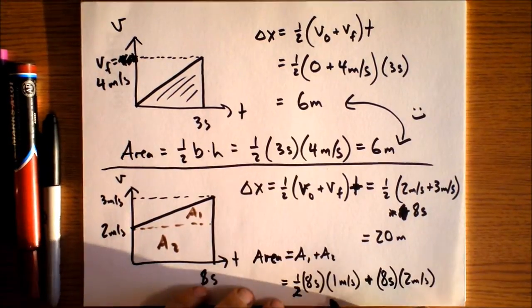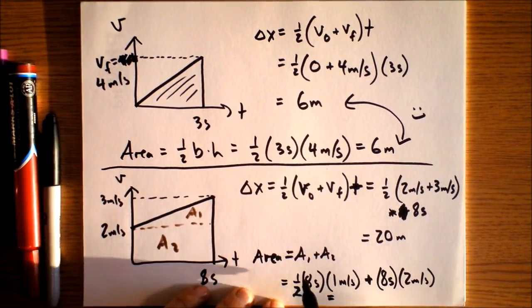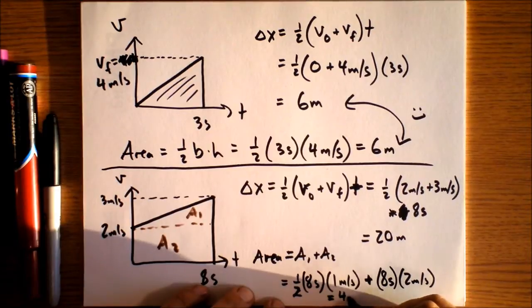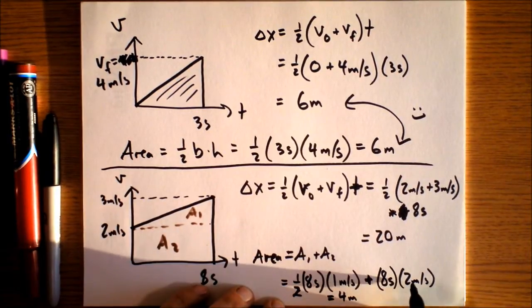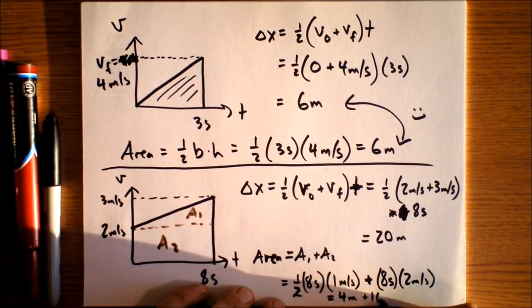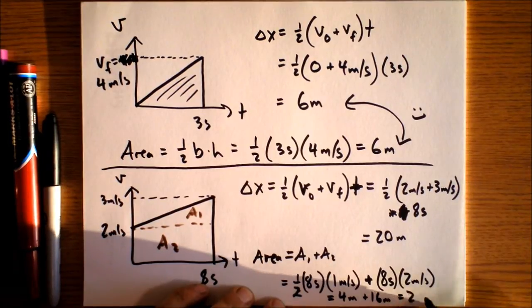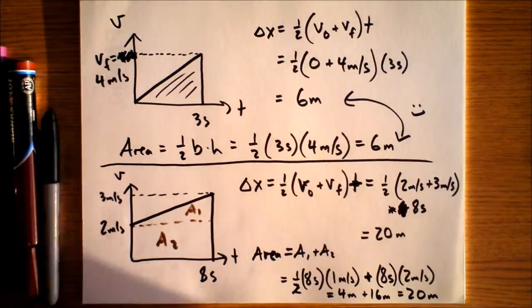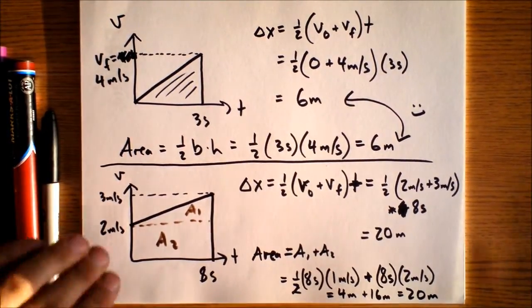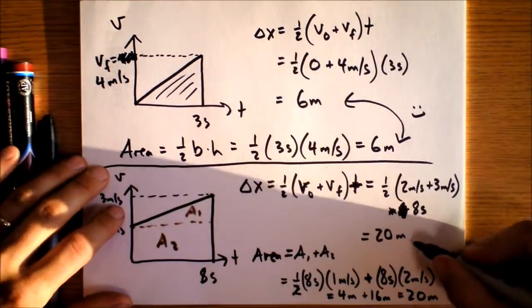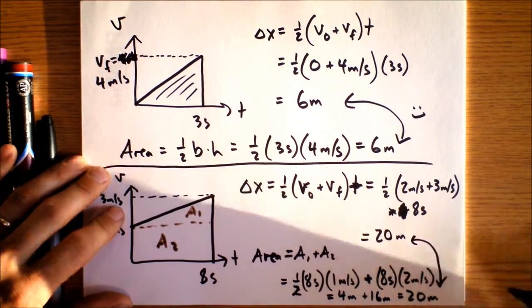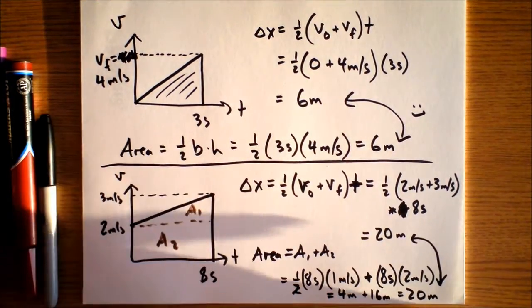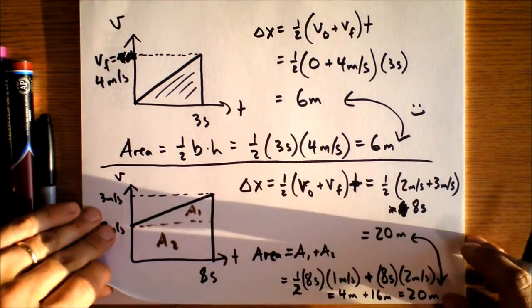We put all this together, and we're going to get from this term 4 meters, and from this term 8 times 2, 16 meters, leading us to 20 meters. It turns out, and this is hardly exactly justified, but it's certainly motivated to say that the area under the curve is really strongly related to the distance that's traveled.